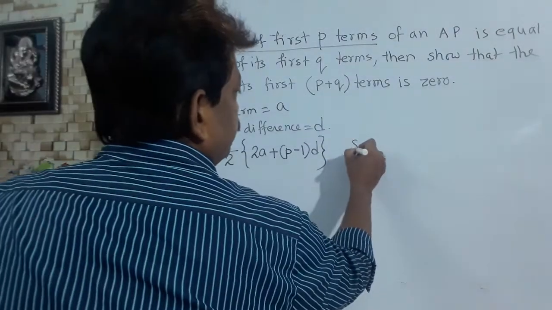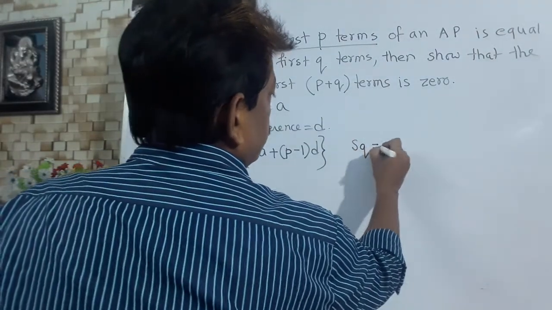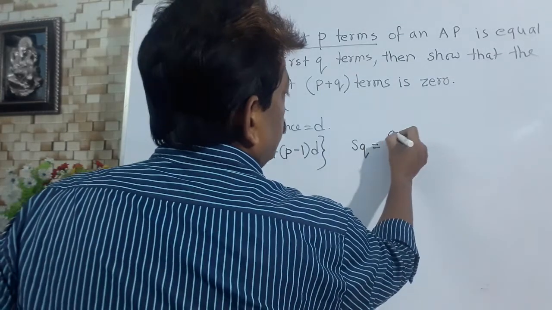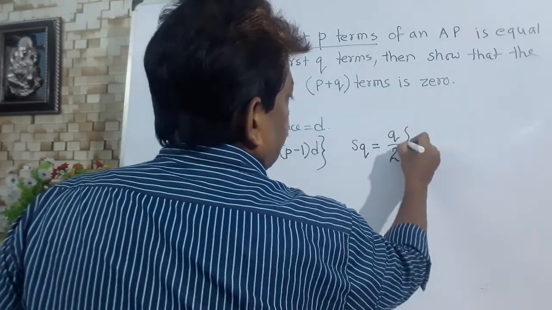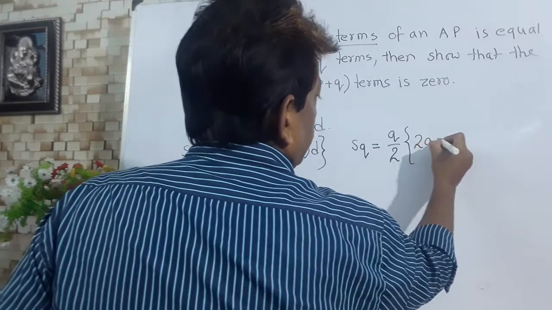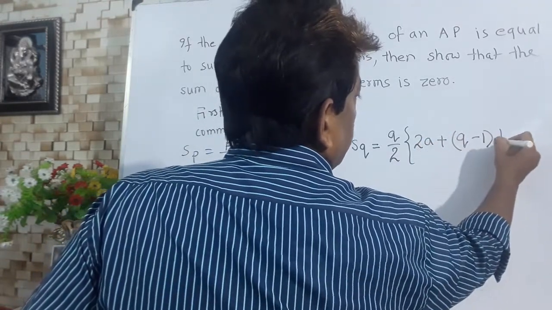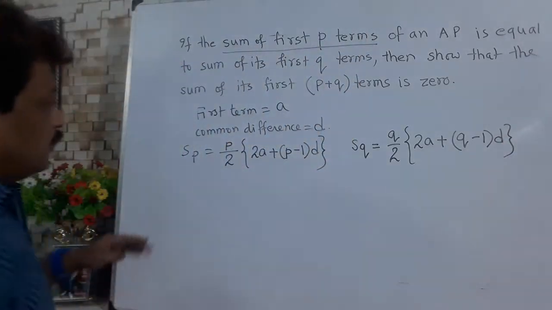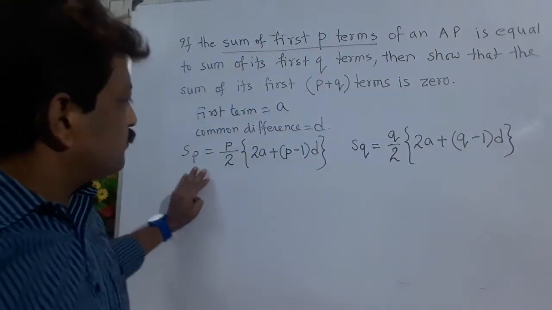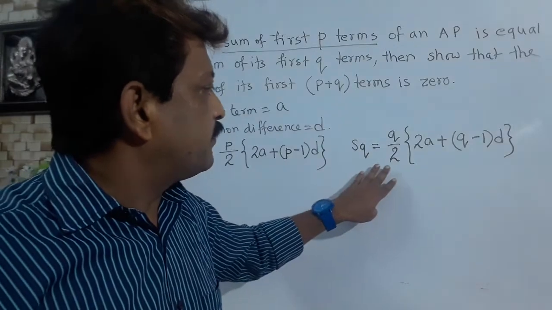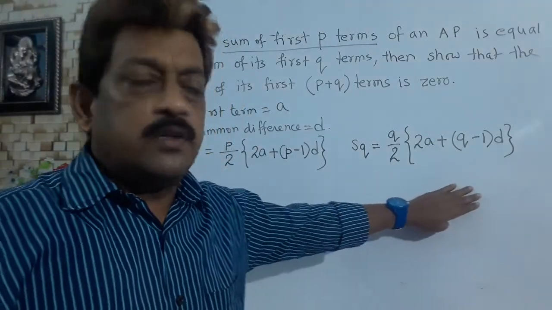Similarly, the sum of its first q terms is q upon 2 times (2a plus (q minus 1) multiplied with d). The sum of its first p terms is this one and the sum of its first q terms is this one.